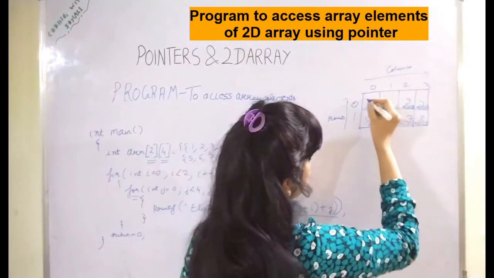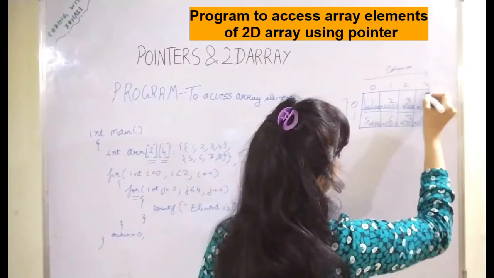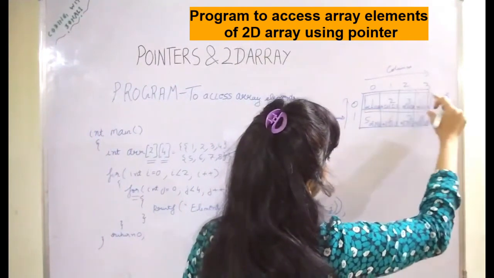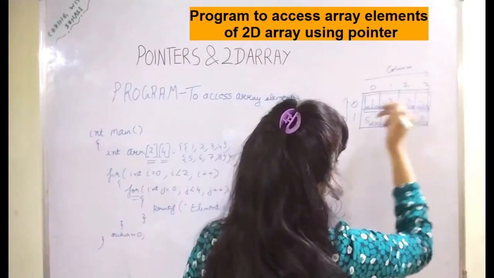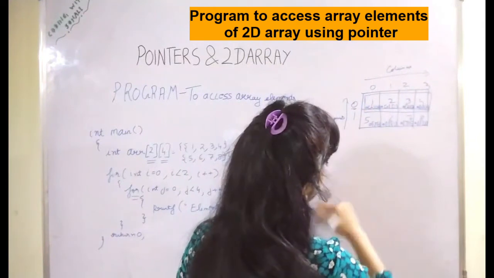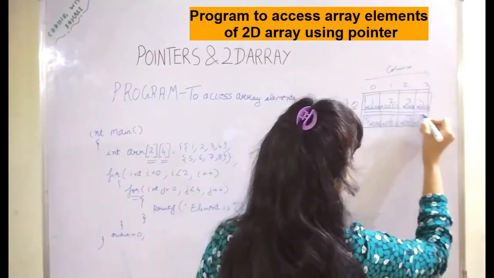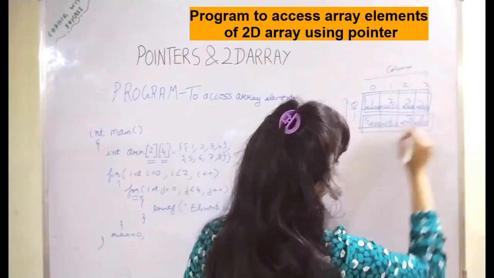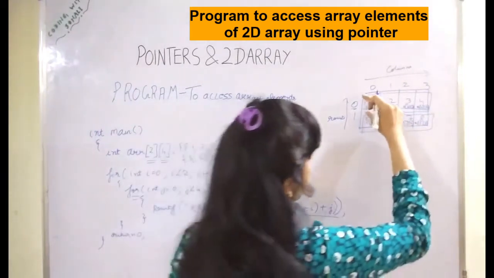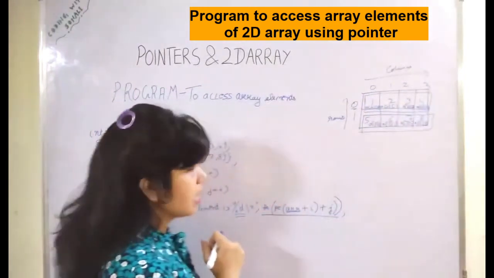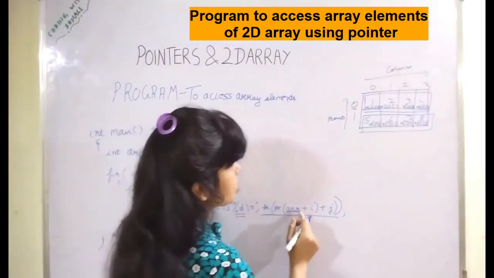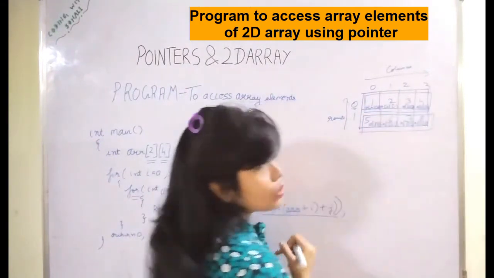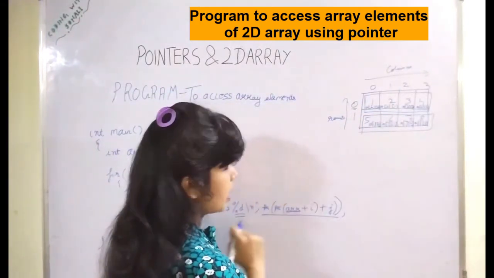Here the element of the 2D array is this one, this is a 1D array. This is the 0th element of the 2D array, and this is the first element of the 2D array. This 0th element itself is a 1D array. Therefore it will give you simply the address of this 0th 1D array when you give ARR.